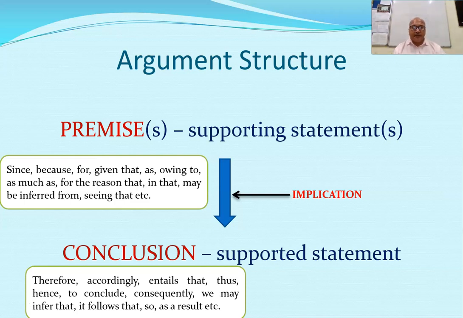So if we don't find a conclusion marker, we can go by the premise markers and try to see whether this is an argument or not. So we figure out the structure of an argument by taking cues from these expressions.